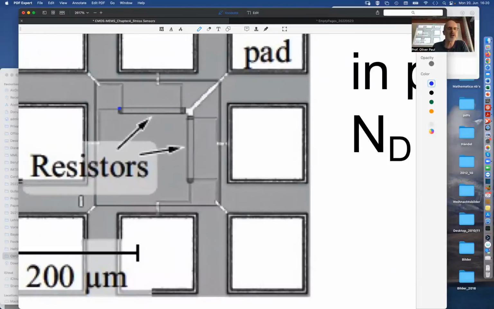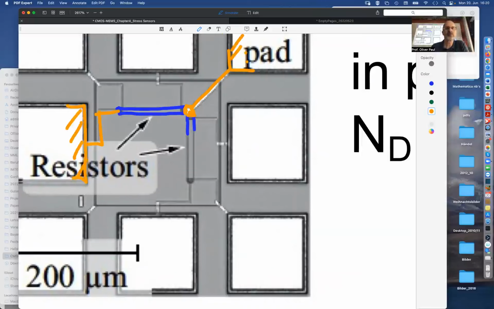This is the outline of the resistor. And there is a second one here, of course, and those resistors are connected to some metal lines. So here's a transition to metal, and then out goes the metal to a pad, and then at the other side it is also connected to a metal pad. Here you have it.